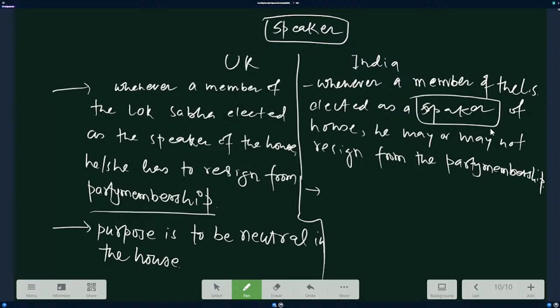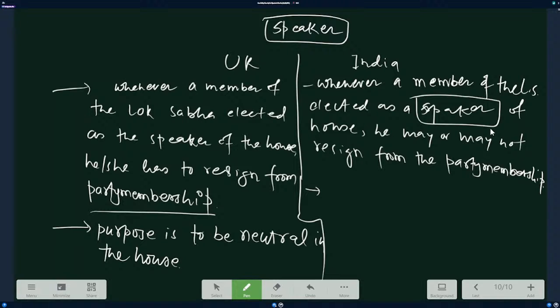But in India, when the Speaker gives up party membership, does he lose the membership of the House? No. When the Speaker resigns from the party membership, he or she does not lose the membership of the House.